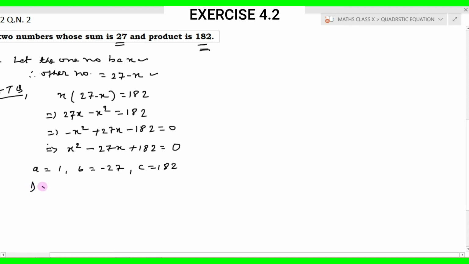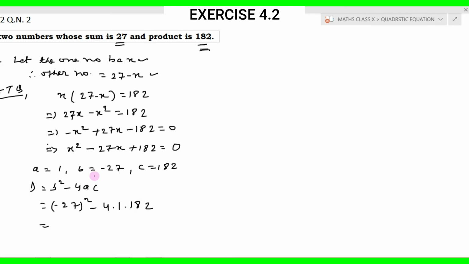Okay, so after this we will find the value of D. The value of D is b² - 4ac, and if you substitute the values, (-27)² - 4 into 1 into 182. So this will give you 27 into 27 is 729, 729 minus 4 8s are 32, 4 2s are 8, 728.